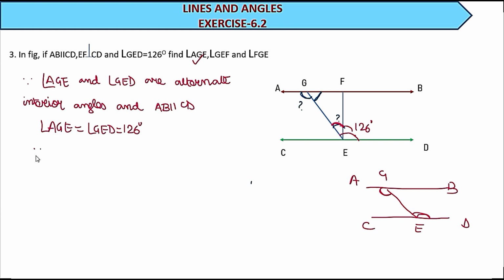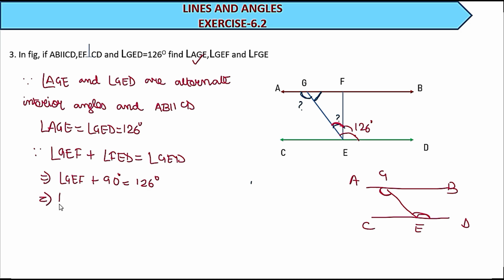So we will write, since angle GEF plus angle FED equals angle GED. GEF is not known to us obviously. FED is 90 degree and this one is 126 degree. So angle GEF is 126 degree minus 90 degree, that is 36 degree is the answer.